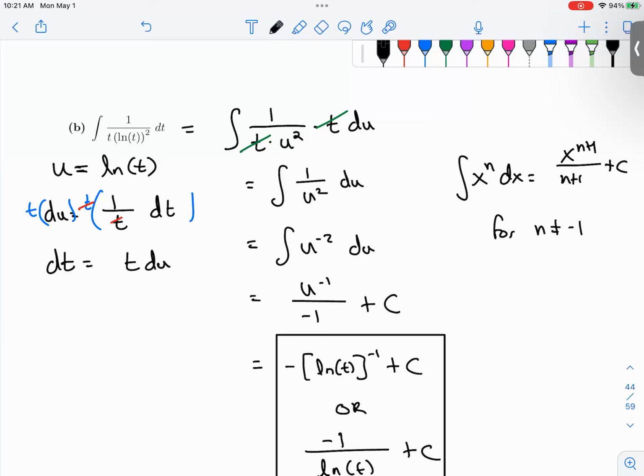If it's equal to -1, then you've got the ln u situation. But any other case, even if it's 0.99, use this rule. Is that okay?